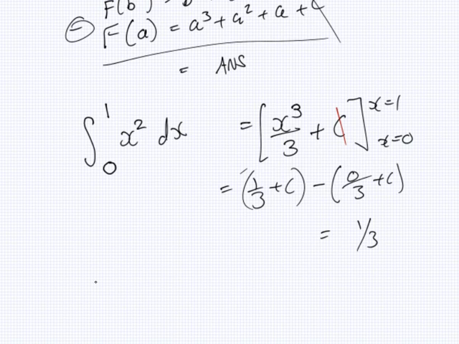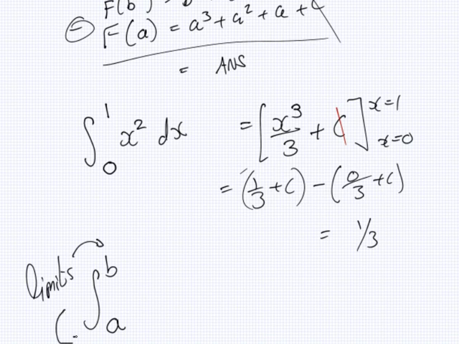So for problems where we have what's called the limits, if I want to know how the F changes between two values, I don't need the c. I'll use small f as the question and big F as the answer.